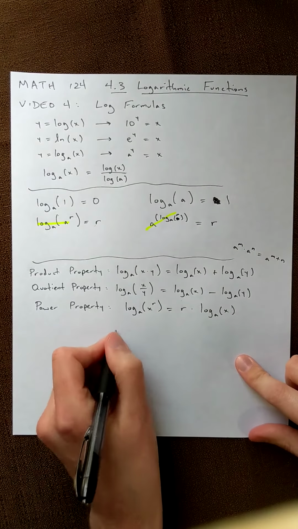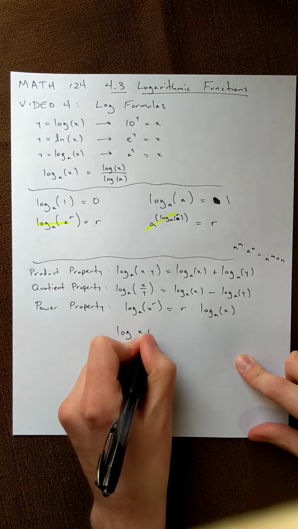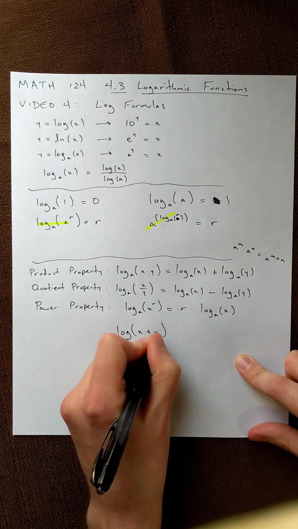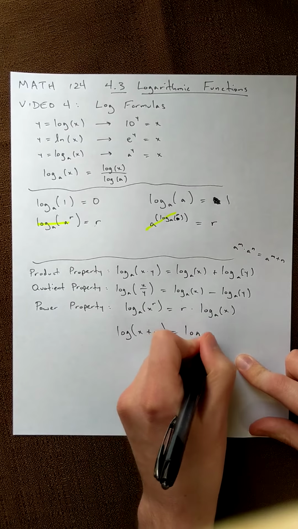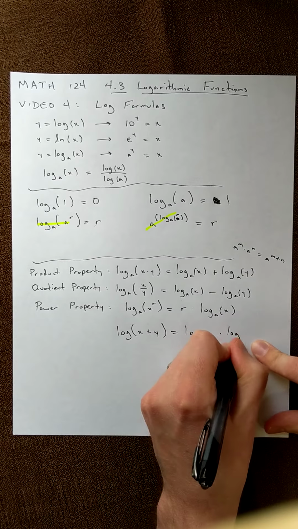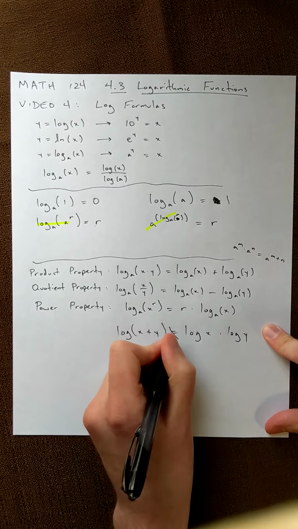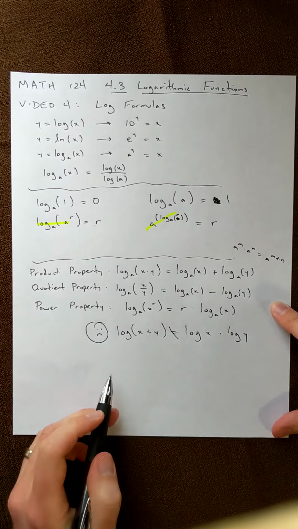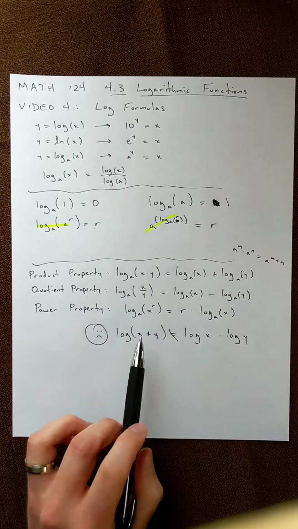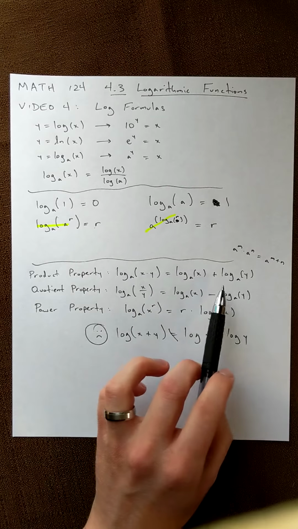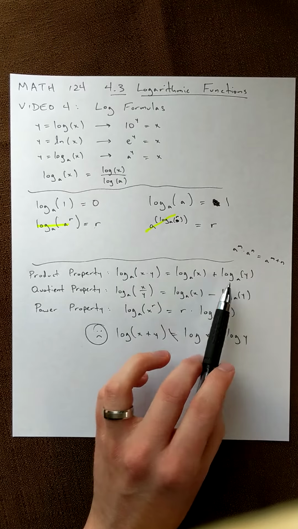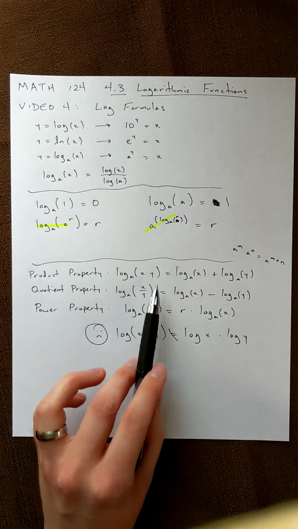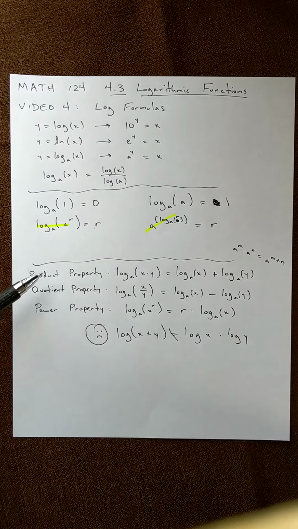We couldn't say that log of x plus y was equal to log of x times log of y. That's not actually true. Big sad face. Okay, so we do have to be careful. The multiplication has to be on the inside. The plus has to be in between the logs. So log plus log is product on the inside. I'm always going to think about these rules in terms of words.